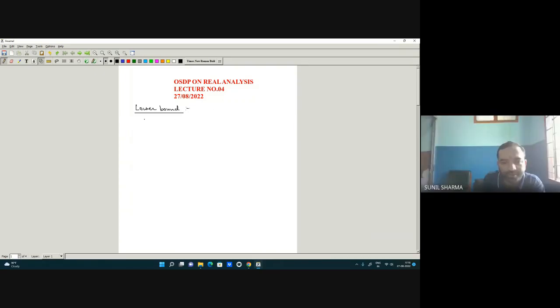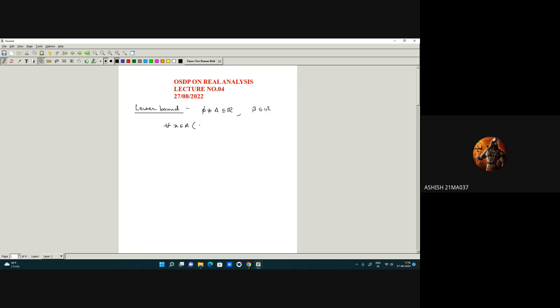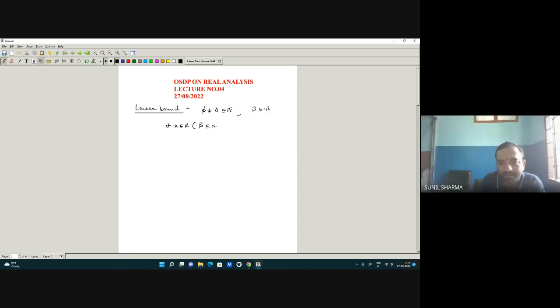So if I take beta to be any real number, and A a non-empty subset of R, then beta is a lower bound if, given any x in A, beta is less than or equal to x.